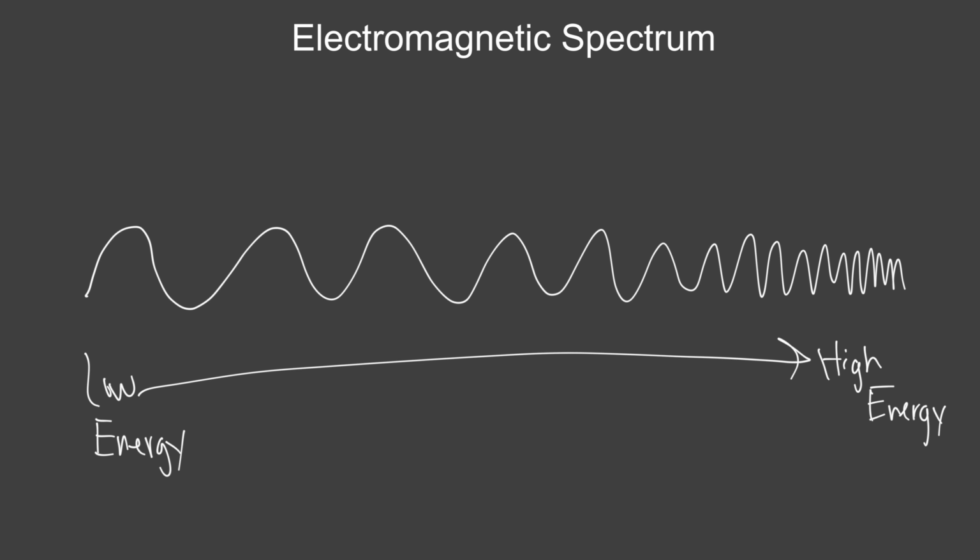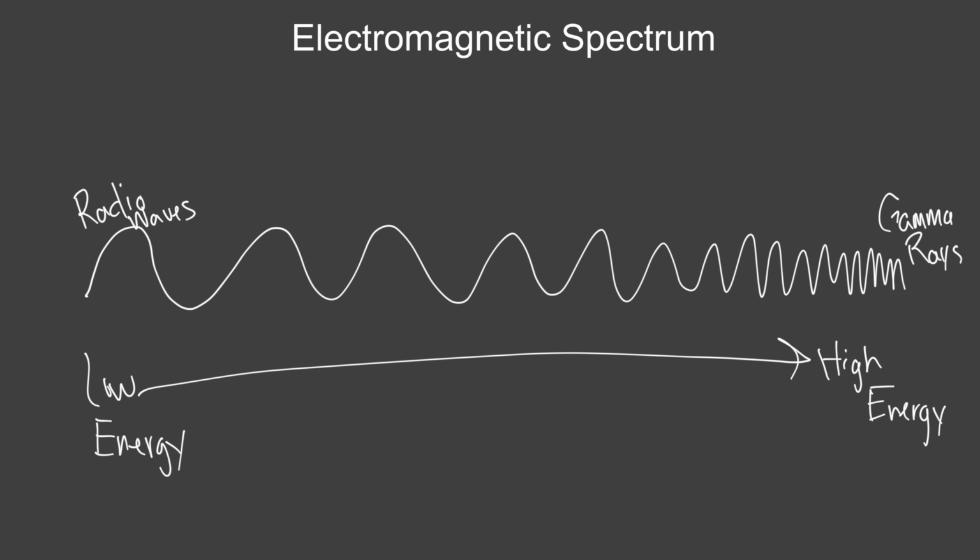The lowest energy electromagnetic waves, meaning they have the largest wavelength, are radio waves. The highest energy waves with the shortest wavelengths are gamma rays.